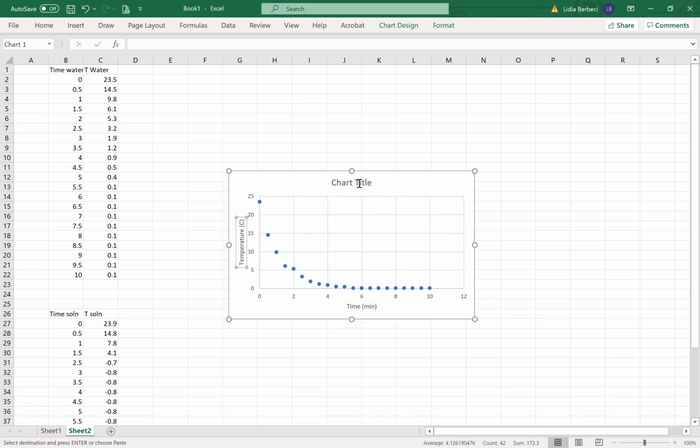Okay, so I'm going to call this chart temperature versus time of pure solvent.